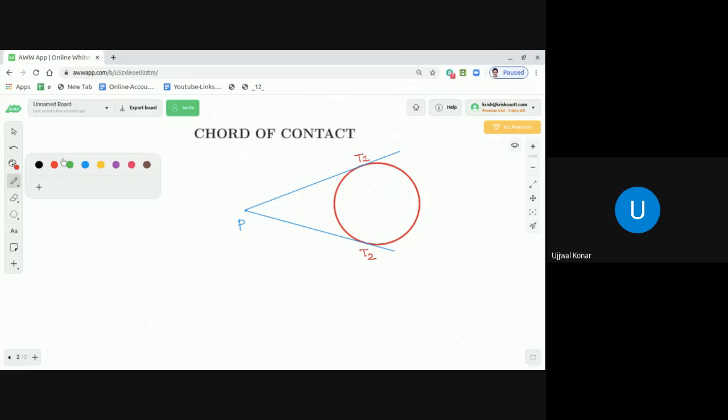Now what we are going to do, dear students, is join these two points T1 and T2. This T1, T2 is the chord of the circle and that chord has a name, it is called chord of contact. So this T1, T2 is known as chord of contact.